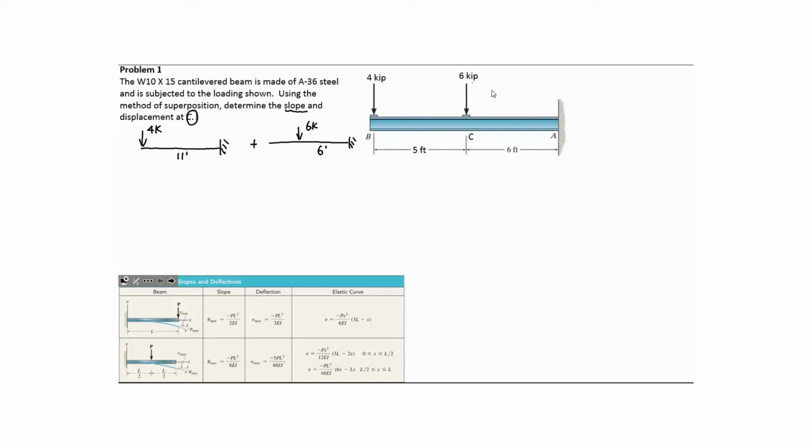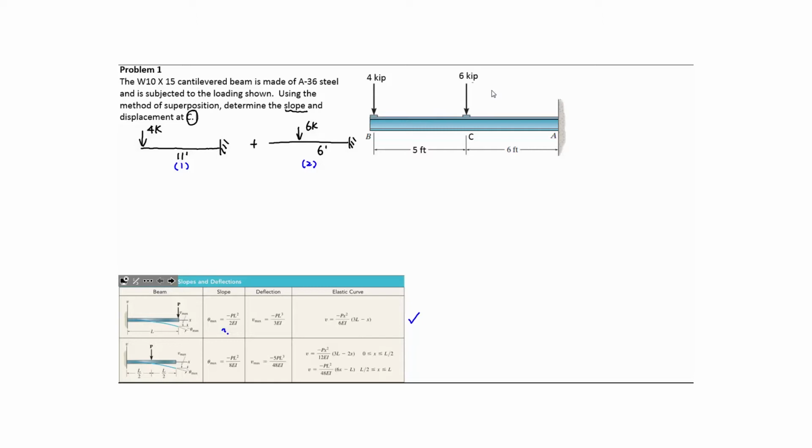So now, the first question is for the first structure. Let's name the structure first. It is a load acting at the end of the cantilever, which means we are going to use the whole row here. However, can we use this equation to calculate the rotation angle at the C location?